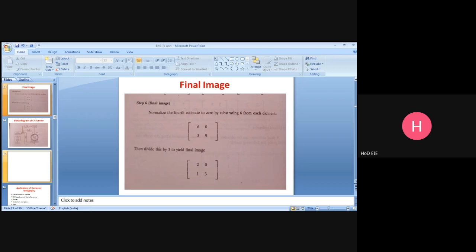So in order to get a simplified one, you are dividing each element after normalization by 3, in order to get your final image. If you divide 6 by 3, you are getting 2, if you divide 0 by 3, you are getting 0, if you divide 3 by 3, you are getting 1, and if you divide 9 by 3, you are getting 3. So this is the way you are getting your final image.